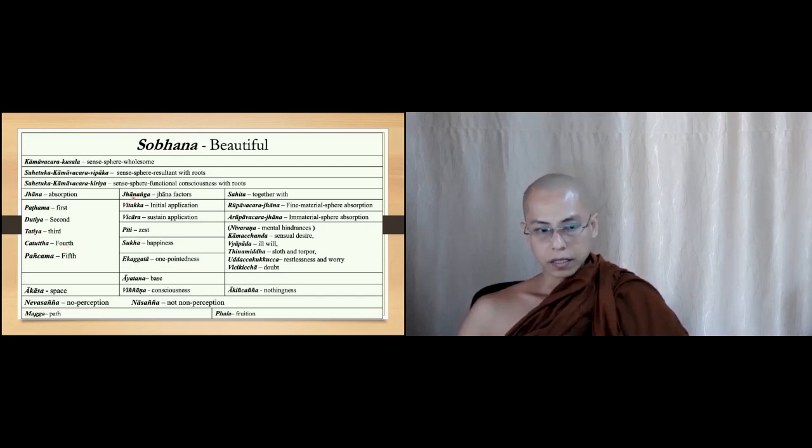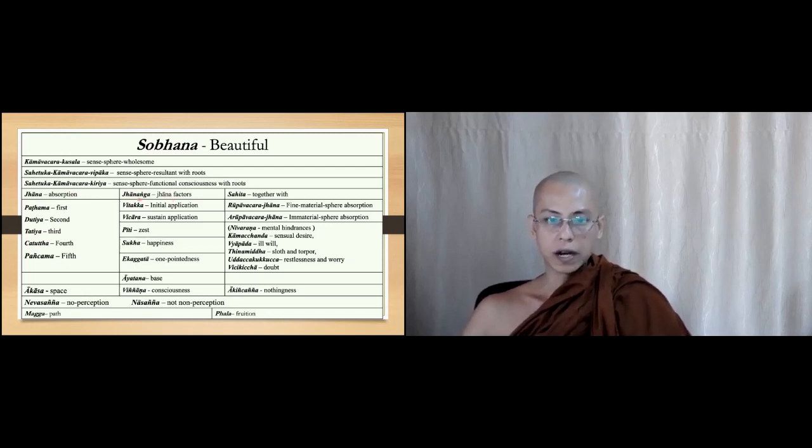Okay, so jhana has components, the jhana factors. It's called anga, so jhananga, jhana and anga come together. These are vitakka, vicara, piti, sukha, ekaggata: vitakka, initial application; vicara, sustained application; piti, joy; sukha, happiness; ekaggata, one-pointedness.